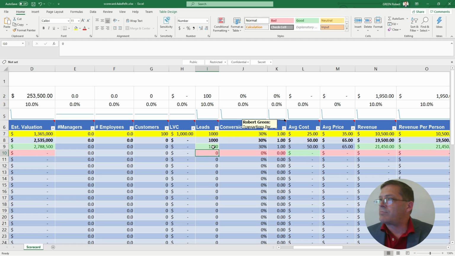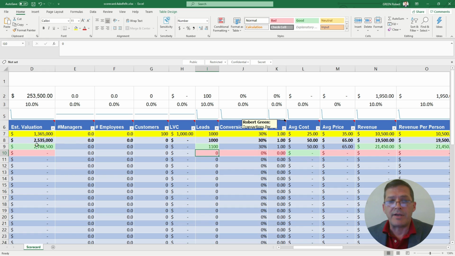Well, 1,100 leads per month results in a revenue difference between 19,500 and 21,450, almost a $2,000 bump in revenue. But let's look over here. That's over a $200,000 increase in our estimated valuation.